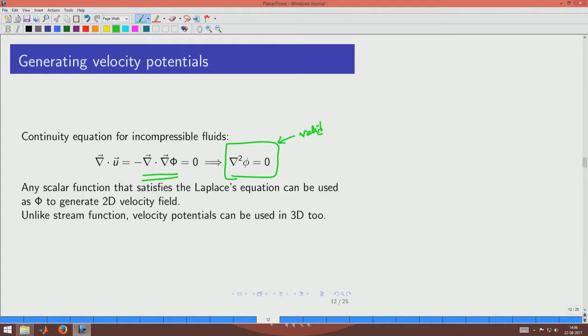Then we automatically know that the continuity equation is valid, and that it will give us the velocity components. This is how we go about generating them. Technically, the stream function gives us flow components in 2D, but the velocity potential has no such restriction. It can give us velocity components in 3D as well. So, it is a little more generic concept than the stream function.